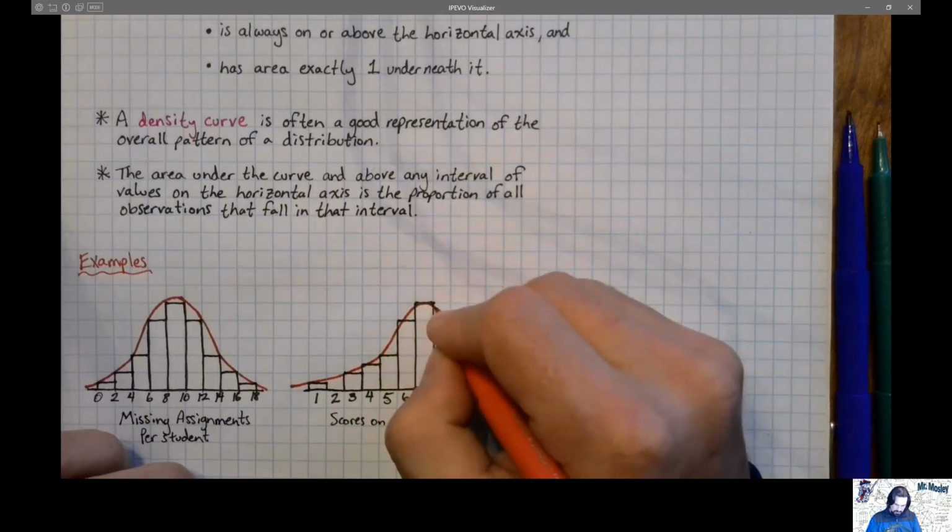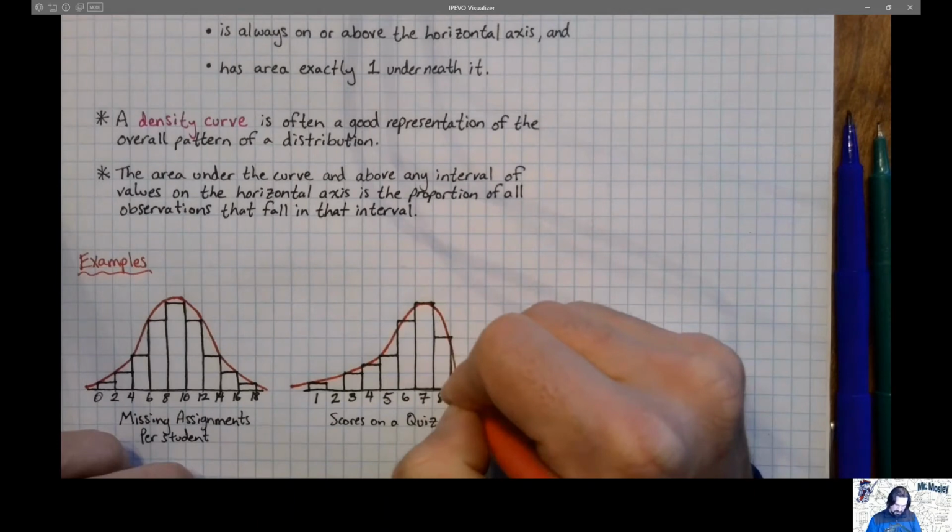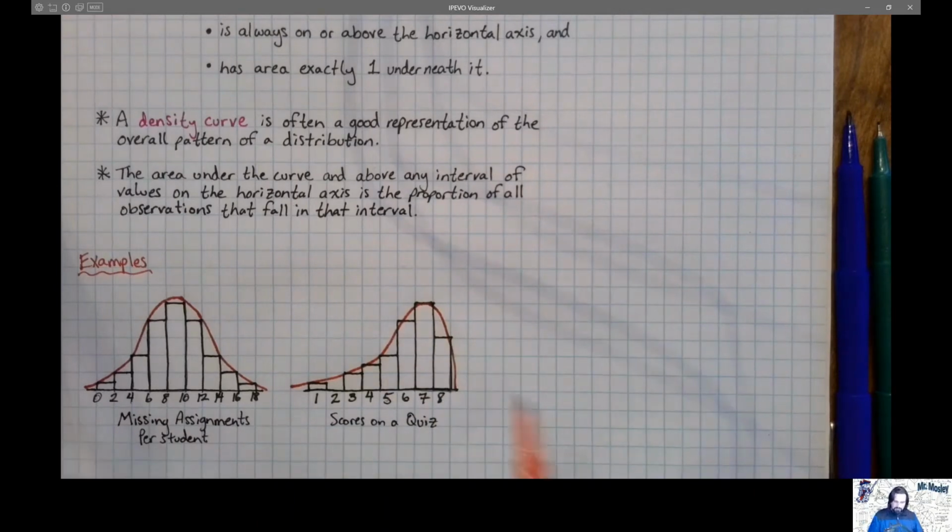And this time I'm doing a better job of cutting off some of these. So we go down here, and again, we can see that this is skewed to the left. Our tail is going to the left here. And so again, 100% of my scores lie under my density curve.